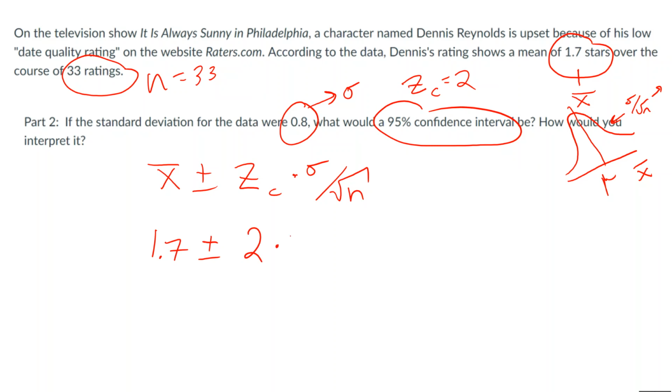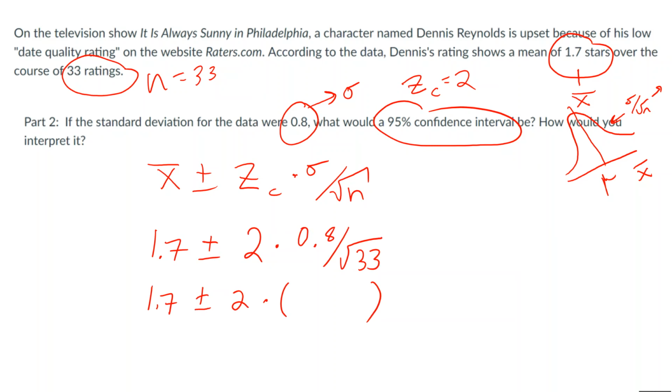And notice the standard error this time is going to be a little different than it was last time because now we have a standard deviation of 0.8. And we're going to divide that by the square root of 33. So we have 1.7 plus or minus 2 times the standard error, which I'm going to pause to calculate.